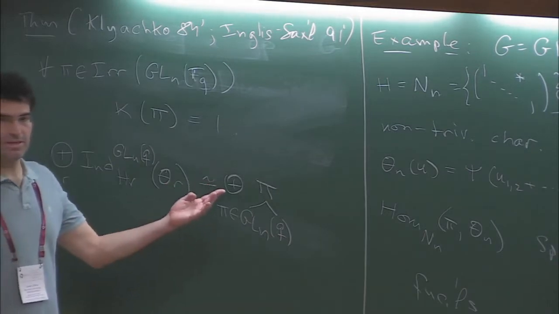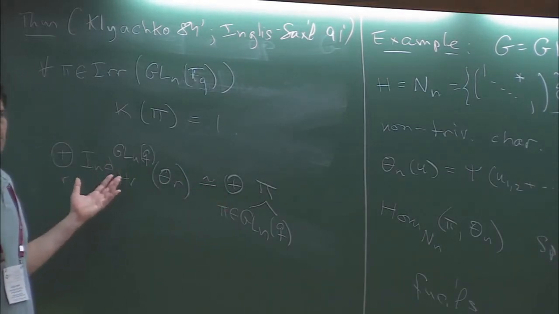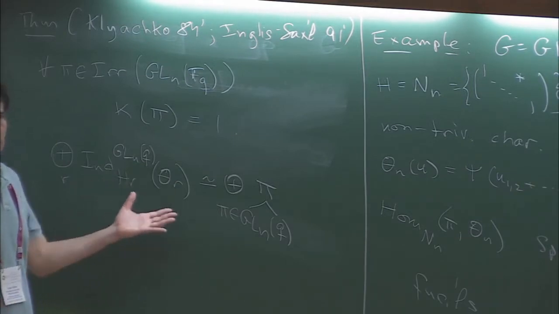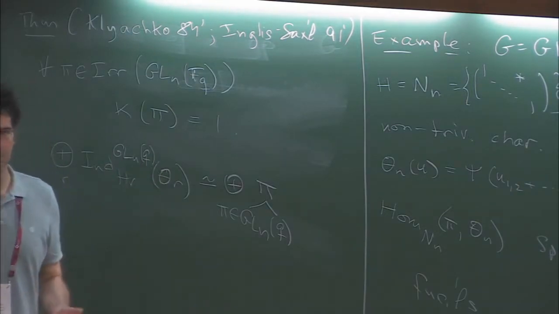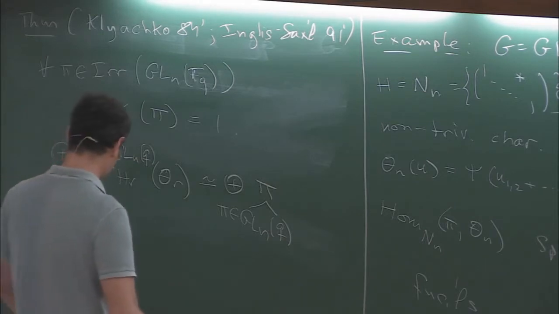So you get to realize every irreducible representation uniquely in a space of functions. And this is what Gelfand meant by the notion of a model for a group. So it's a very nice picture over a finite field.